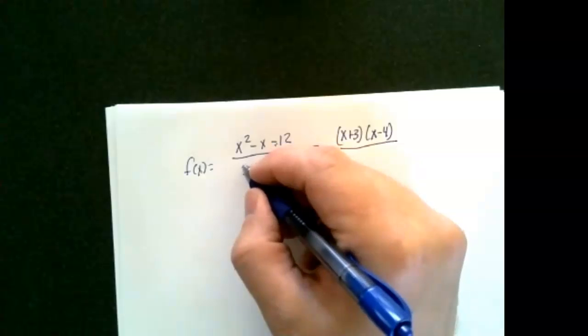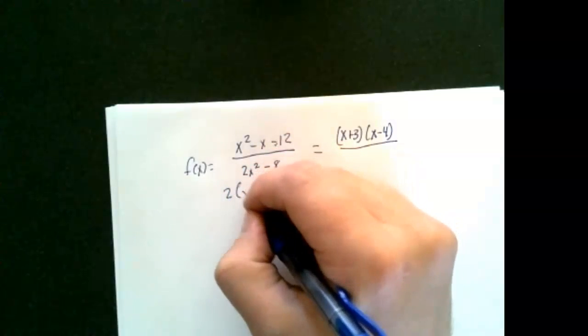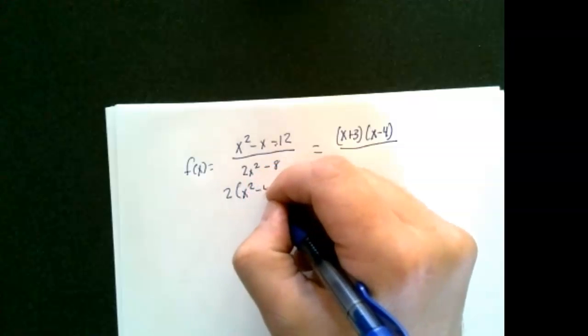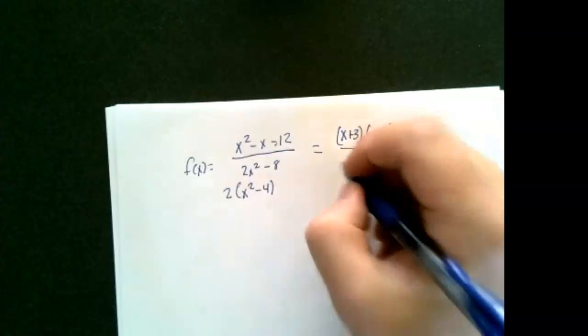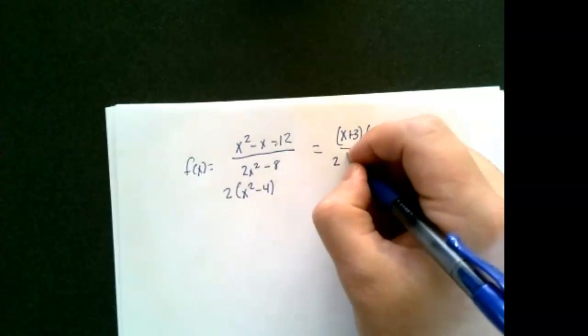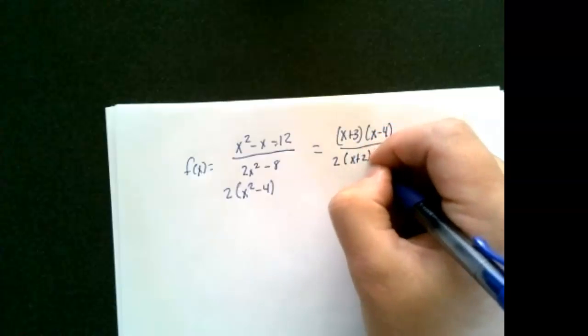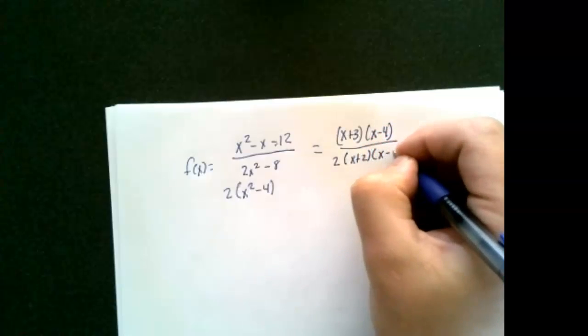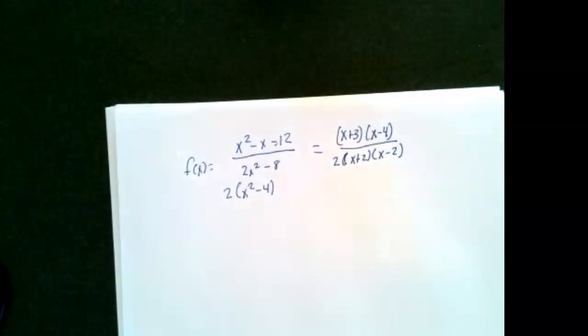We can factor out a greatest common factor of 2. That leaves us with x squared minus 4, which is a difference of squares. So my bottom is 2(x plus 2)(x minus 2), like so.